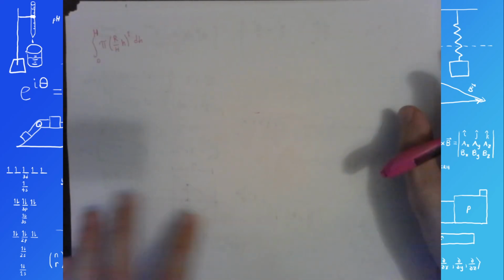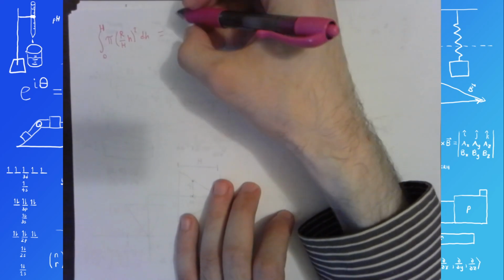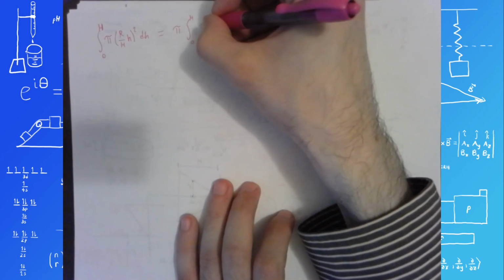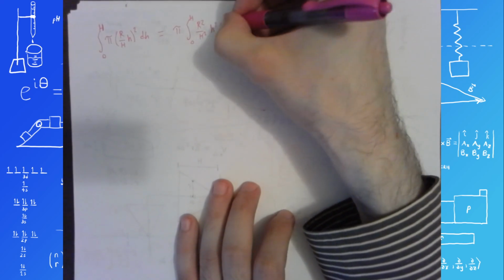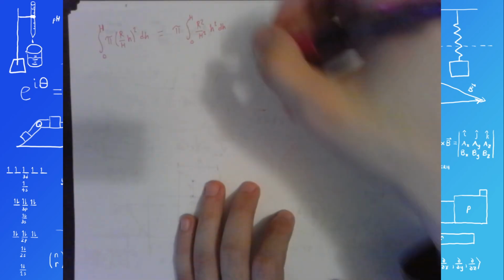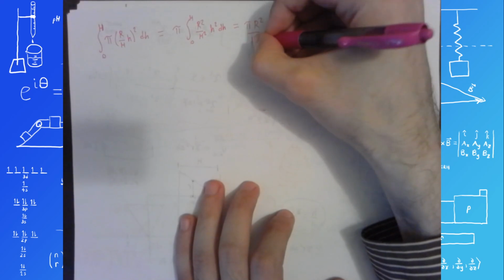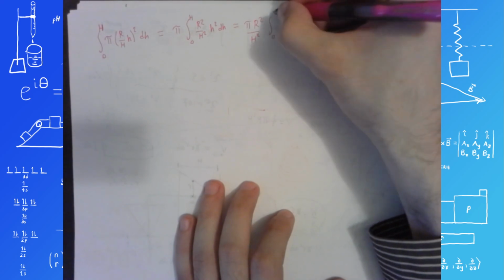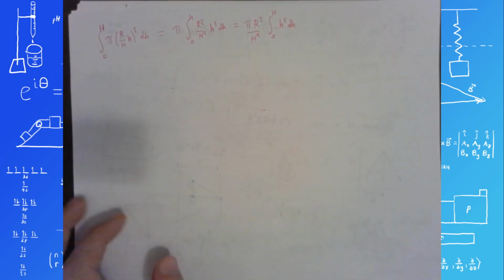Yep. Okay, now I'll factor out the pi, and that becomes big R squared over big H squared times little h squared dh. I'll factor out the big R squared and the big H squared: pi big R squared over big H squared times the integral from 0 to H of h squared dh. Okay, now we're back on track.